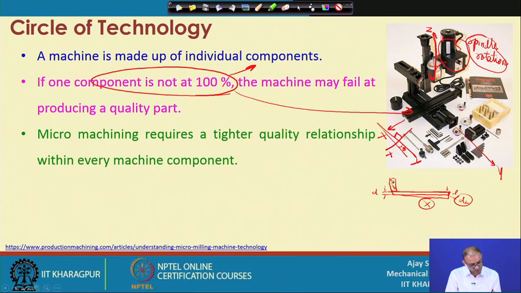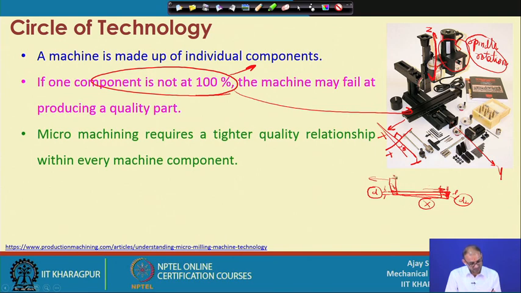Another thing is that your speed, feed and depth of cut are decided based on the depth setting. How much depth you are putting in, depending on that the feed rate and speed are decided. But now your depth is variable. Once it reaches here, your tool is going inside up to this much, but your parameter setting is calculated based on this much depth only. So, your tool may bend, it may also break.